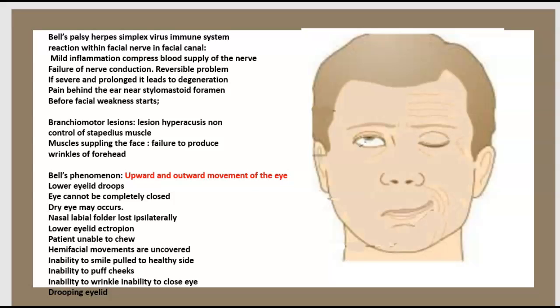There is a failure of nerve conduction, and the problems are reversible. If severe and prolonged, it leads to degeneration with pain behind the ear near the stylomastoid foramen, and then facial weakness starts.